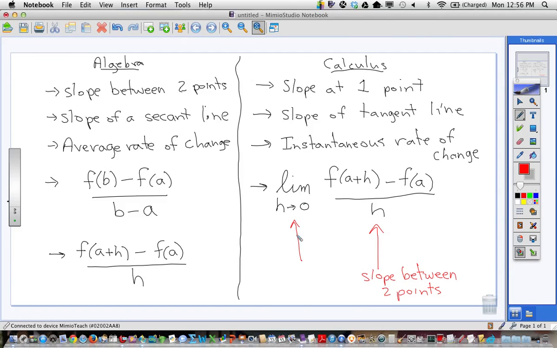All right, so what this part does here is, let's just say makes the 2 points become 1. Now, technically, they don't become one. They just get really, really, really close to becoming 1 point. Infinitely close. Okay? So close that we can tell what the slope is becoming.